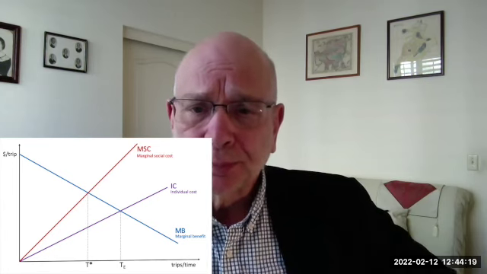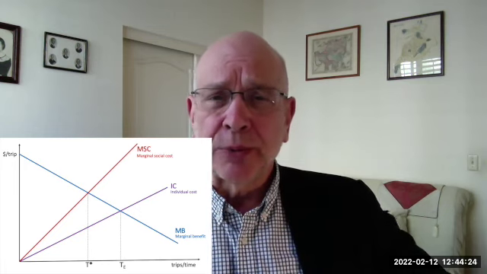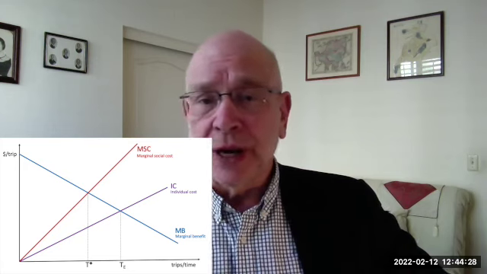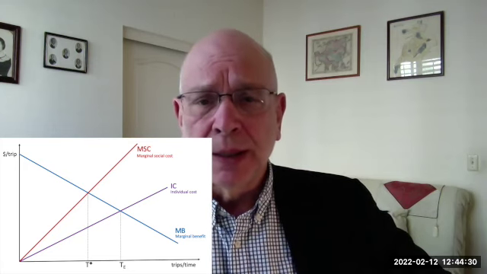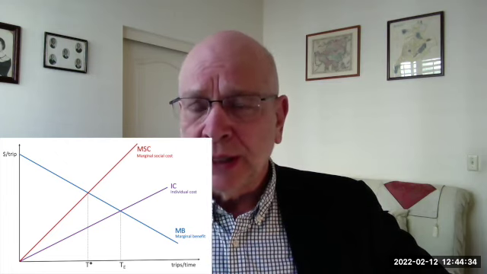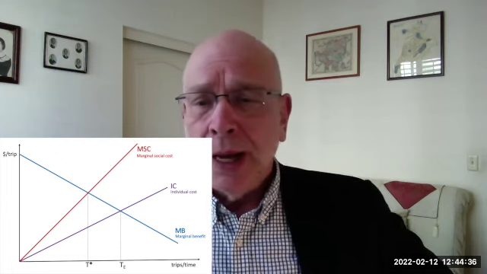So let's get started. We begin with this fairly straightforward diagram that is similar to what we have in several of the other chapters that we're examining. And so many of these will be familiar. In particular, the marginal benefit curve, I think, is by now quite familiar to most of you.